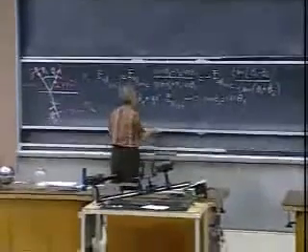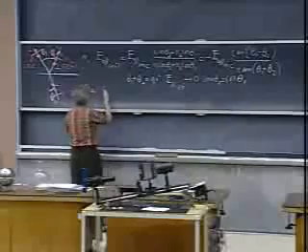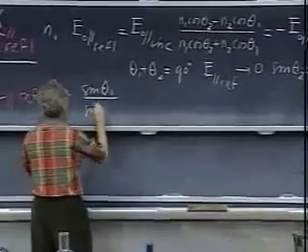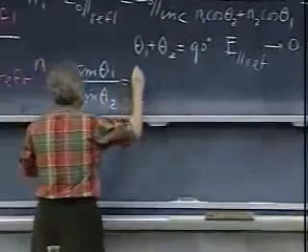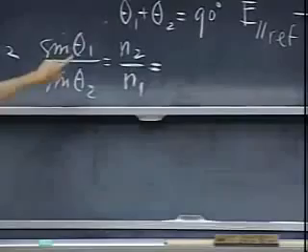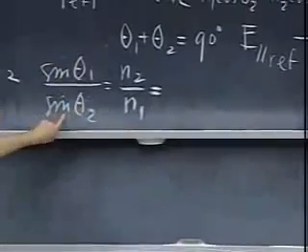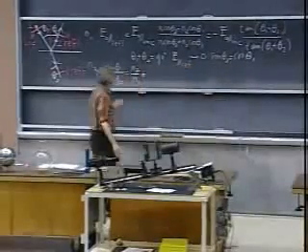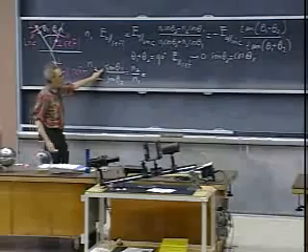And if I now remember Snell's law, which says that the sine of theta 1 divided by the sine of theta 2 is n2 divided by n1, I can replace, only for this special case, the sine of theta 2 by the cosine of theta 1. And so I now get the tangent of theta 1.